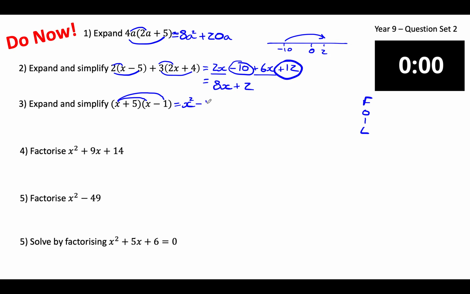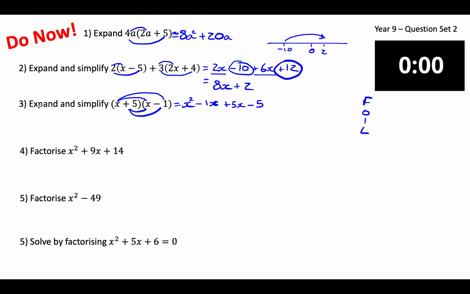Well, that makes minus 1x, or minus x. You don't really need the 1. I for inners. 5 times x is 5x, and that's an ordinary positive 5x. And then 5 times minus 1, so it's a positive times a negative, which is negative 5.